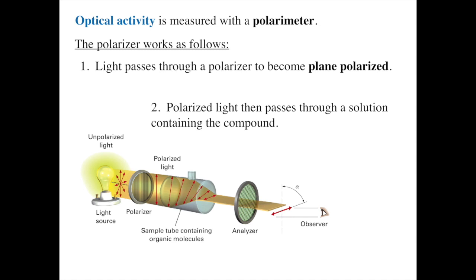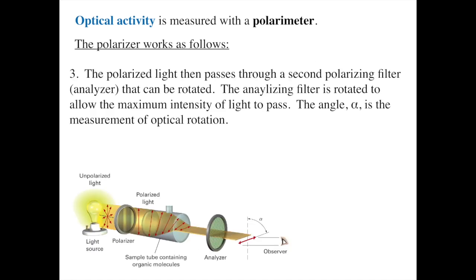This plane polarized light then passes through a solution containing the compound. This plane polarized light then exits the solution and passes through a second polarizer called the analyzer. Now that analyzer can be rotated, and you rotate it so that you observe the maximum intensity of light.